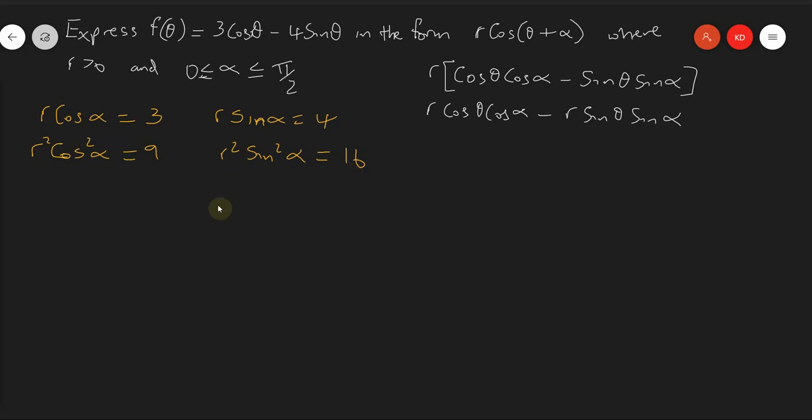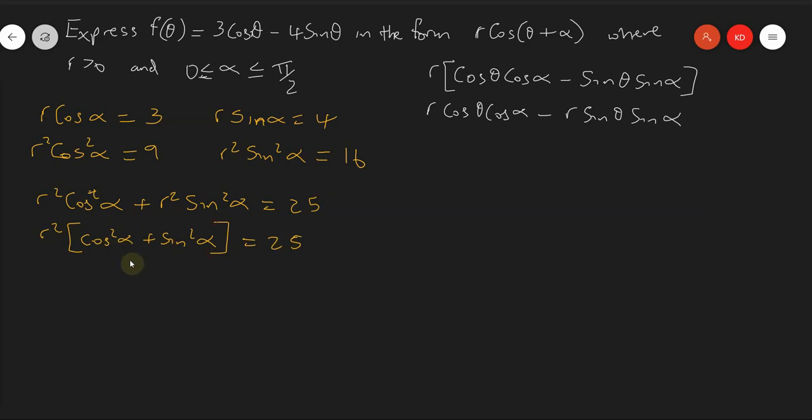Therefore, if we add both equations, we would get r squared cos squared alpha plus r squared sin squared alpha is equal to 16 plus 9, that's 25. Okay, now what we can do is just simply factor out r squared, which leaves cos squared alpha plus sin squared alpha, and that's equal to 25.